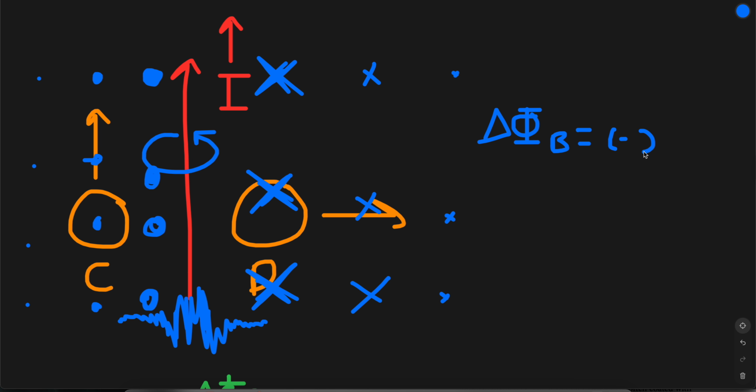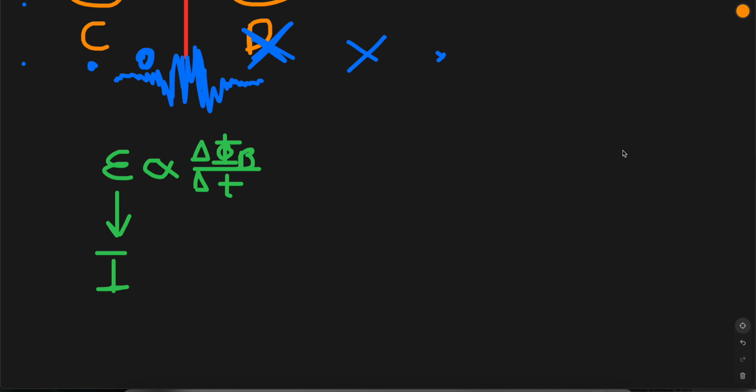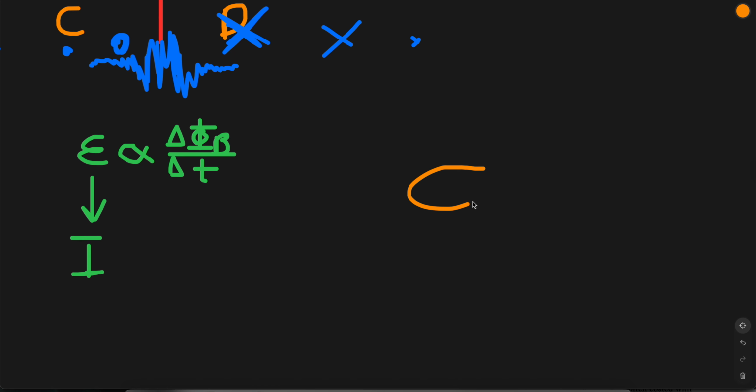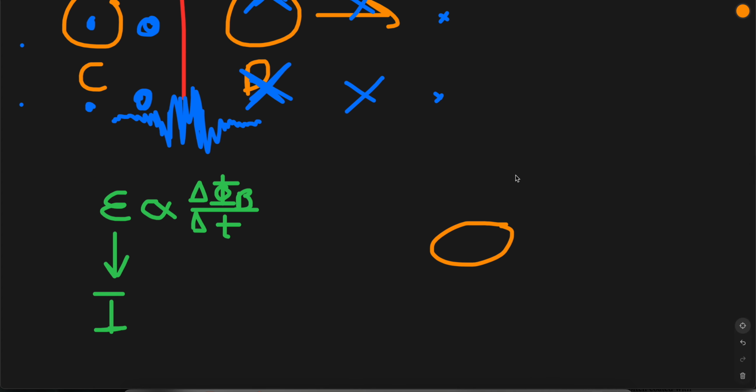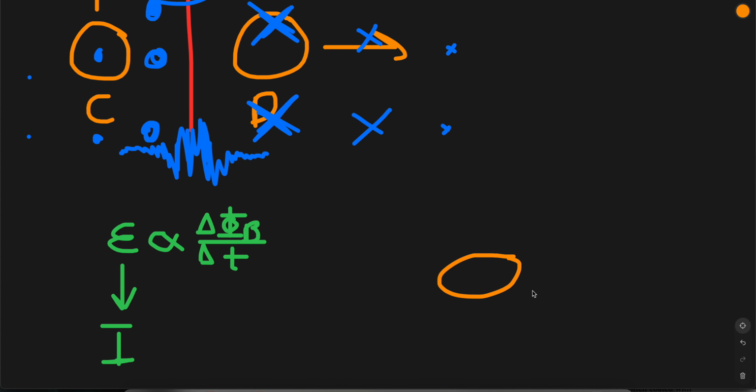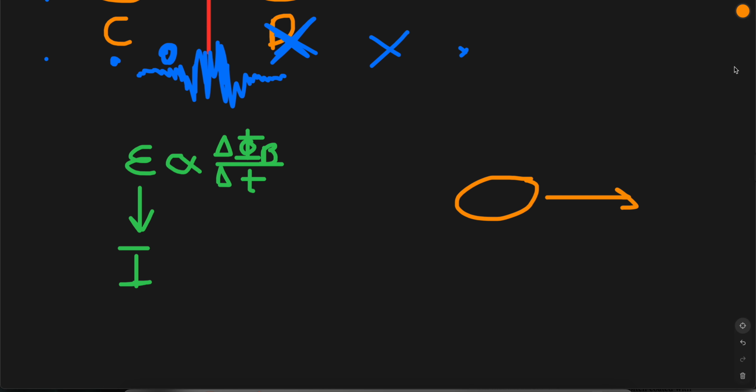If we think about what this means for Lenz's law, it means that because the flux is decreasing, imagine we tilt our frame of reference on its side. It's still moving this way, but we're looking at the field lines. We have a very big field line, and we're moving to a region of smaller field.